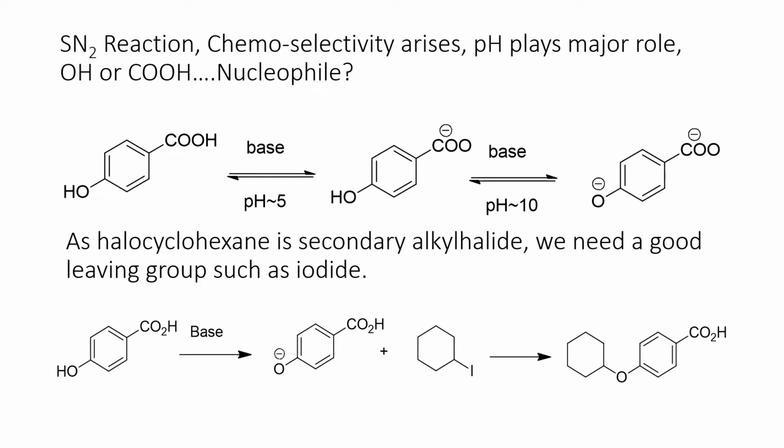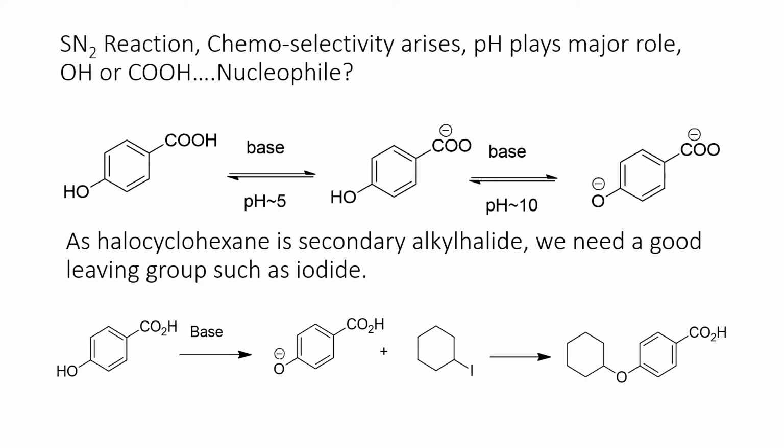Here the question of chemoselectivity is solved, that when we carry out this reaction in the presence of a base, it will abstract a proton, and a carboxylate ion will be formed along with the phenolate ion, and the phenolate ion is much more reactive.